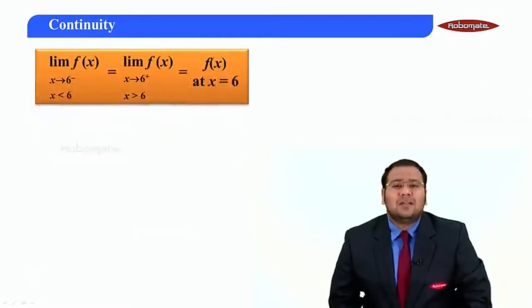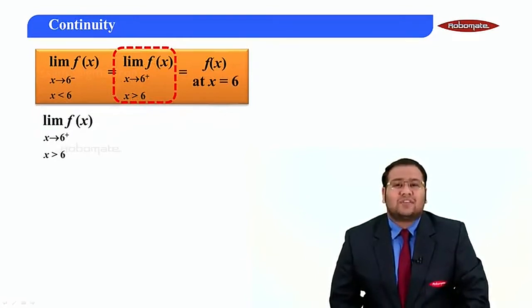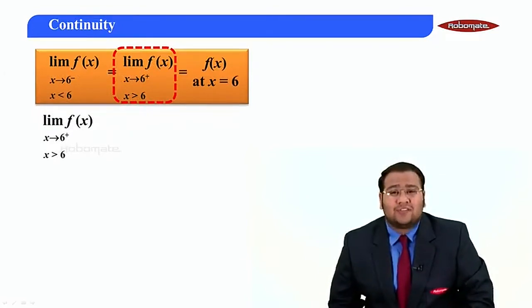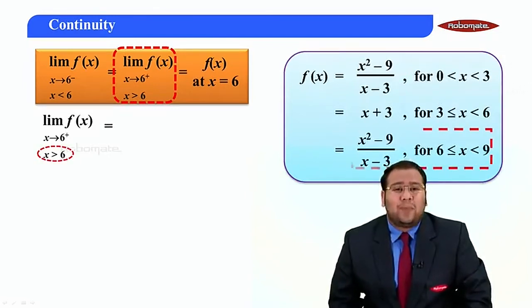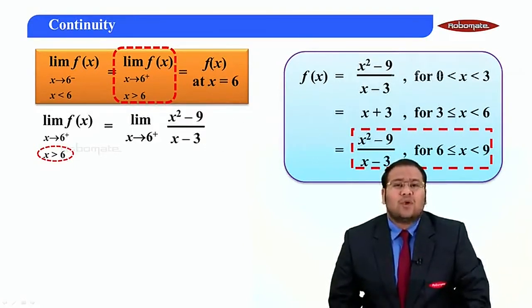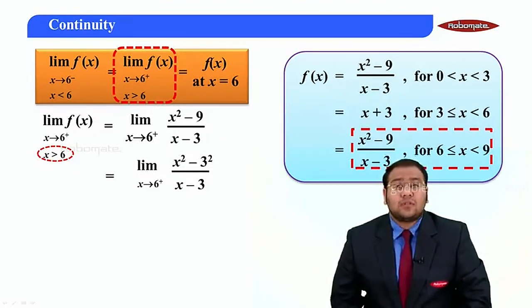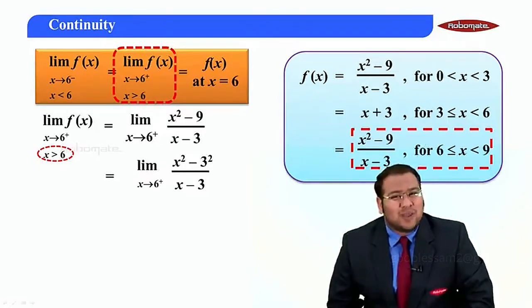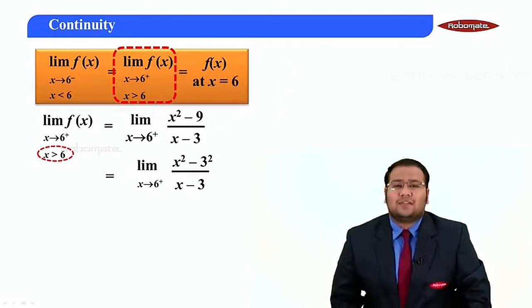Moving ahead with the second case, that is the limit of f(x) when x is tending towards 6 plus. So, it is the right hand limit. From the standard equation, for 6 plus, it is the third equation. So, it is the limit as x is tending towards 6 plus, and the equation is (x square minus 9) upon (x minus 3). The equation can be represented as x square minus 3 square upon x minus 3.